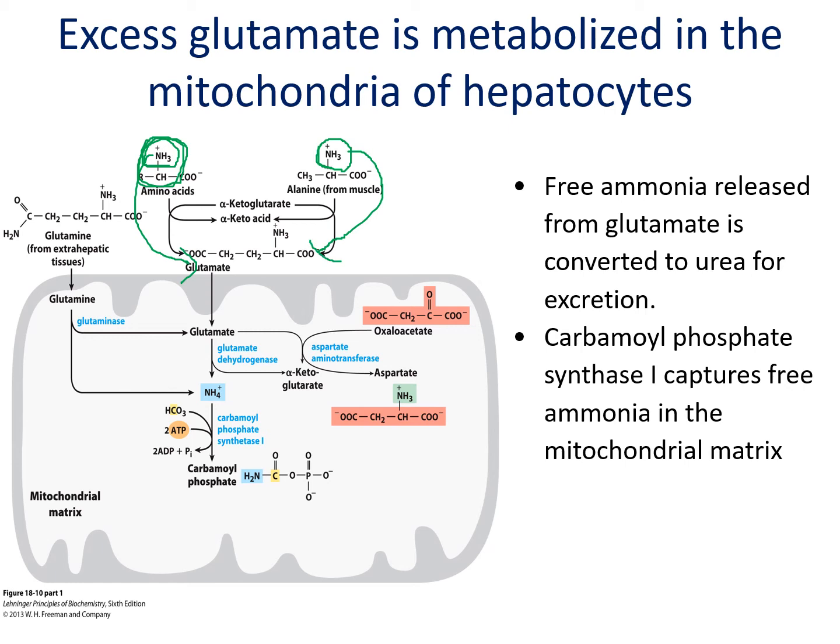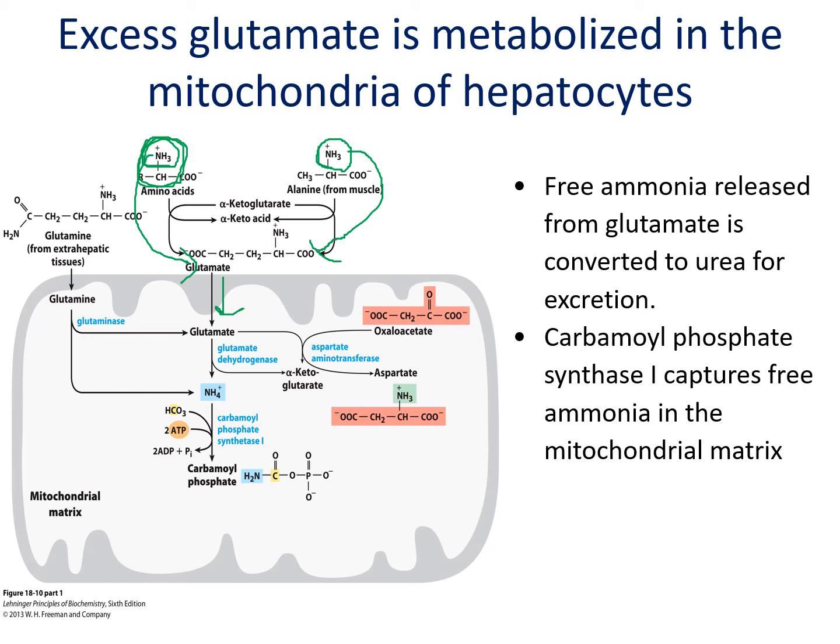So now we're in the liver, in the cytosol of the liver, and we have a bunch of glutamate molecules. We also have some alpha-ketoglutarate and some alpha-keto acids. Those can go into the citric acid cycle. That's fine. But now we have a buildup of glutamate. So what do we do with that glutamate? Well, that glutamate has to pass into the mitochondrial matrix, because that's where the enzymes to process that ammonia are.